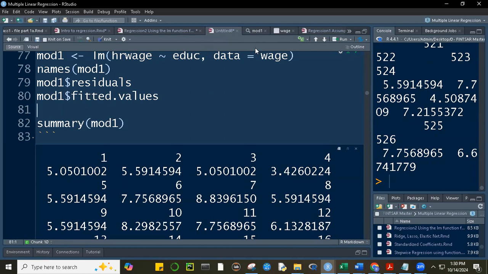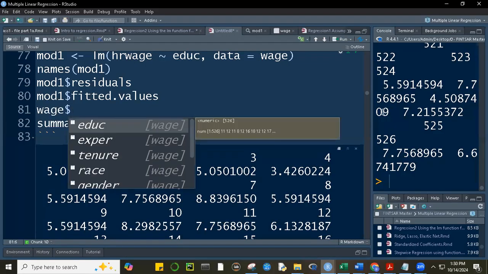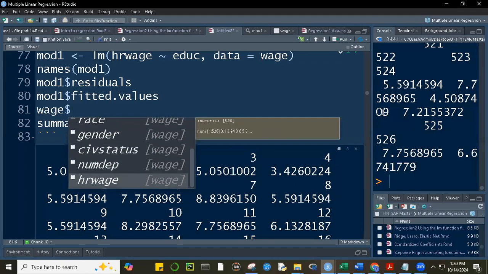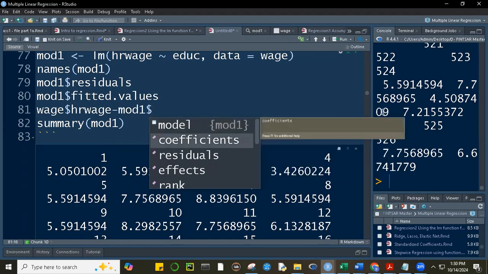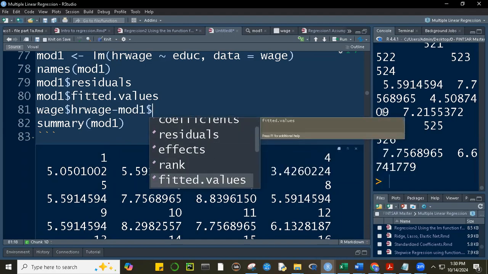In fact, class, if we get the wage dollar hourly wage, so that's the column of the hourly wage, minus model 1 dollar fitted values.